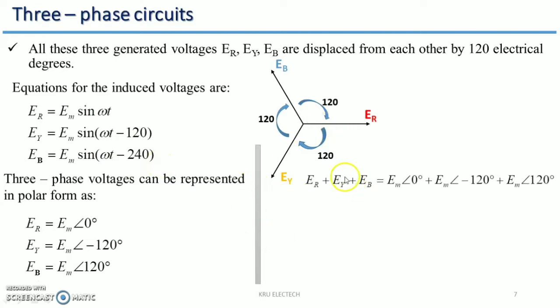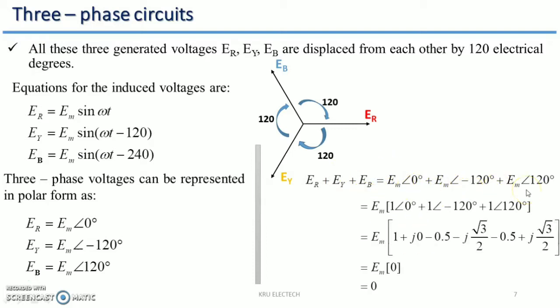In the case of balanced three-phase voltages, you add all these R phase, Y phase and B phase in polar form. So you have to convert to rectangular form. So 1 at angle 0 is converted to rectangular, 1 at angle minus 120, and 1 at angle minus 240, which is equivalent to plus 120.